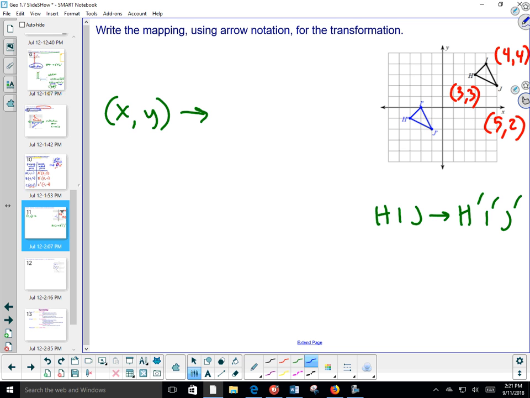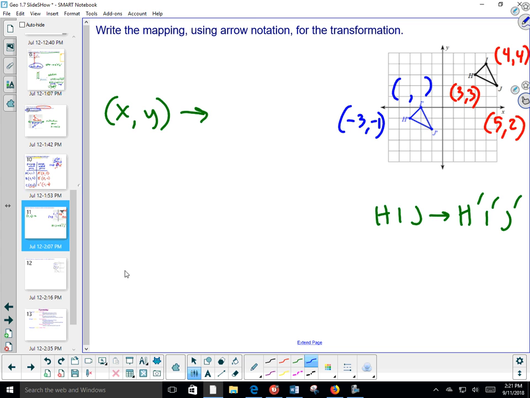Oh, no. So H is -3, H prime is -3, -1. How about I prime? No, it's -2.